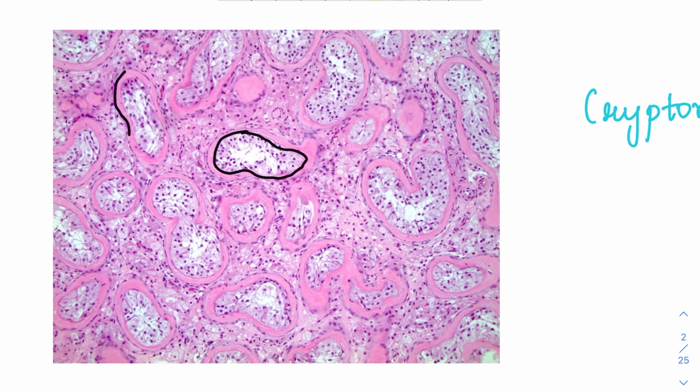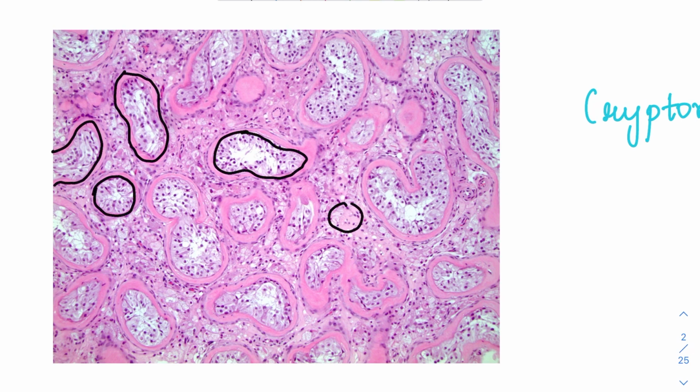Other than that, this is the basement membrane of the seminiferous tubules. In all of these seminiferous tubules, you can appreciate a very thick basement membrane. Thickening of the basement membrane is another feature of cryptorchidism. Because of this, the seminiferous tubules gradually undergo atrophy, and the stroma has the Leydig cells.